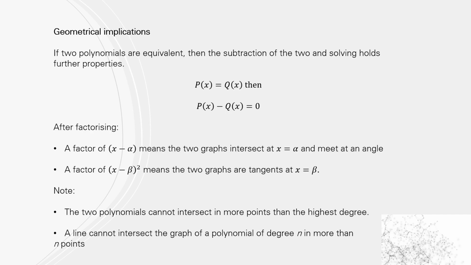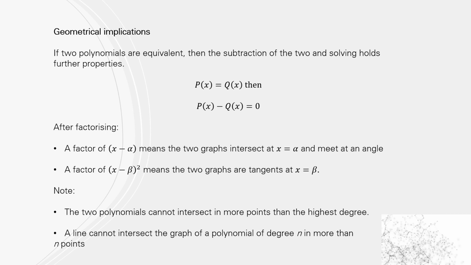So geometrical implications. Obviously, if two polynomials are equivalent, then the subtraction of the two and solving holds further properties. So if p of x equals q of x, then if I minus q of x across, I get p of x minus q of x equals 0. Now, if you're able to factorise that, then getting a factor of x minus alpha means the two graphs intersect at x equals alpha and they meet at an angle.